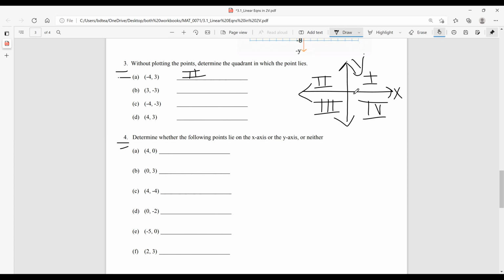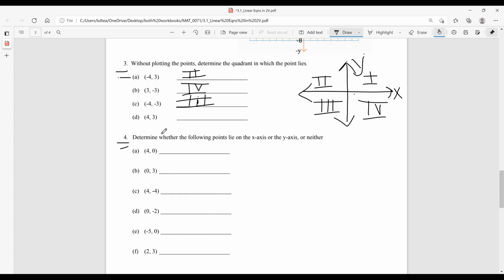So here the x value is positive and the y value is negative. This is going to be in quadrant 4. -4, -3. When both the x and the y values are negative, it's going to be in quadrant 3.